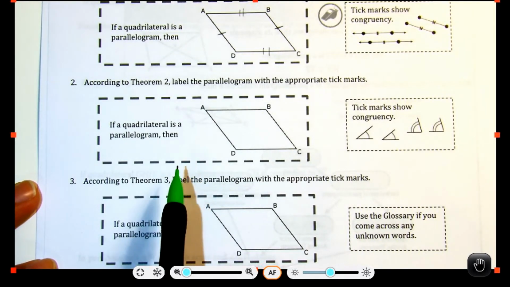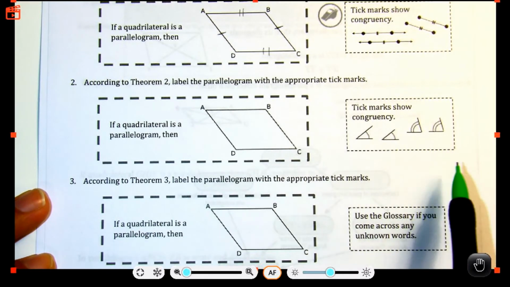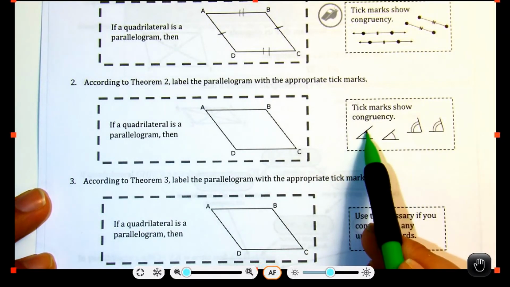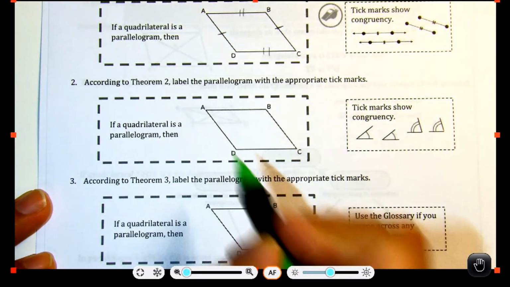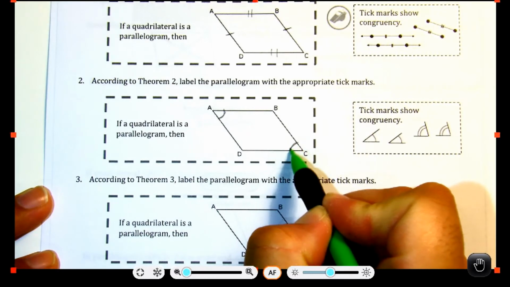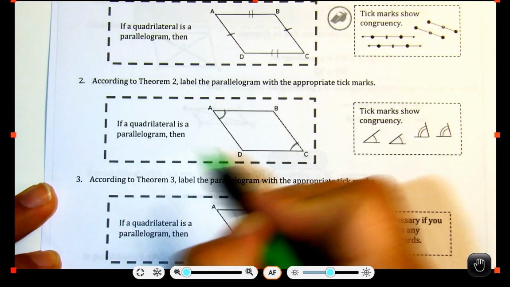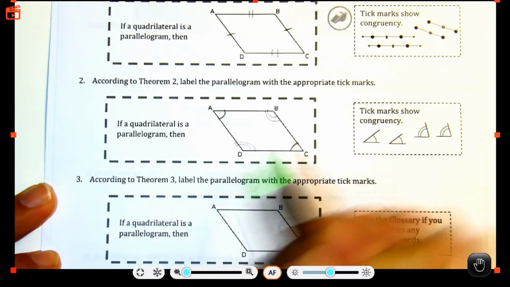And this shows you what we're going to be using to show congruency. This is how we show an angle is congruent to another: we use a little arc. So we're saying that angle A is congruent to angle C, and angle B is congruent to angle D. That's what theorem 2 tells us.